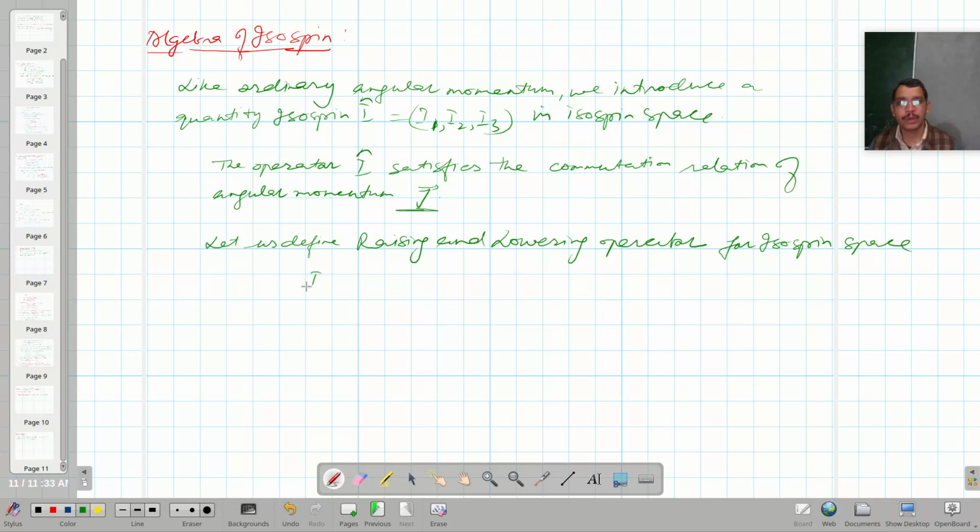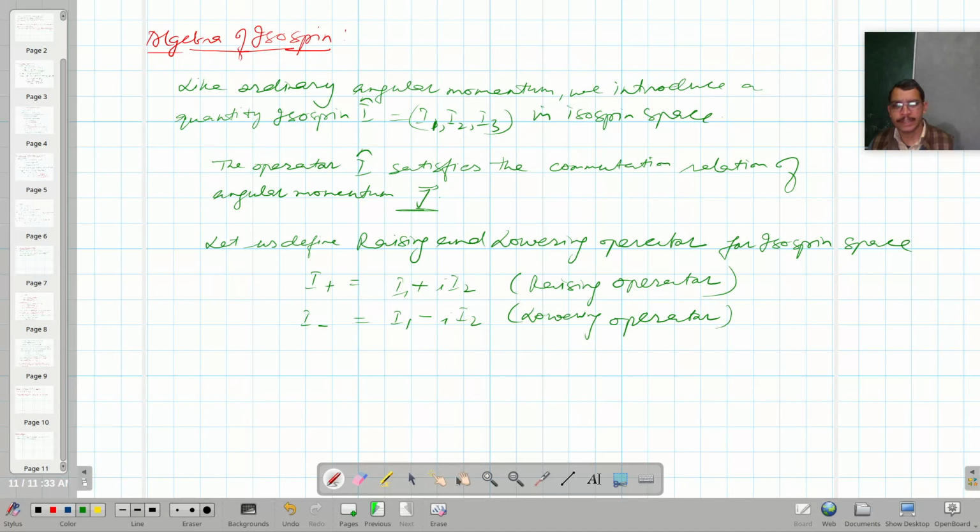So I call it I plus is equal to I1 plus iota I2, and similarly I can define I minus is equal to I1 minus iota I2. This is called the raising operator, and this is the lowering operator, as we have defined for the case of the angular momenta. It's similar to that.